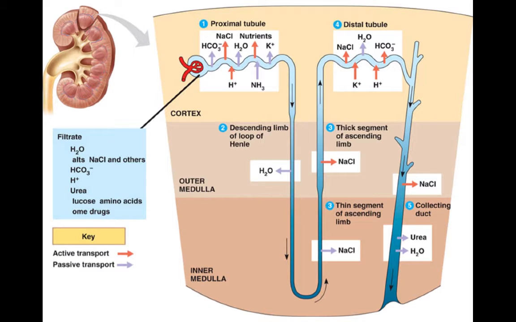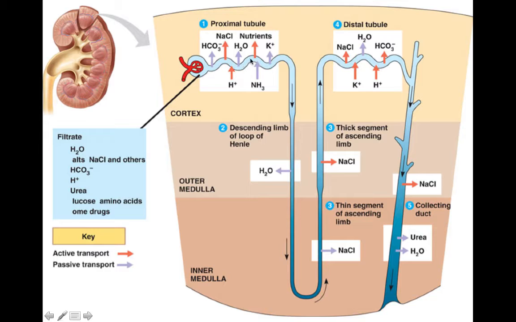So this is a bit of an overview of where these processes occur, okay? This is a map of our nephron. We have what's called a glomerulus, where the blood comes in, and then certain things are allowed to pass into the start of the nephron in the kidney, which is the Bowman's capsule.